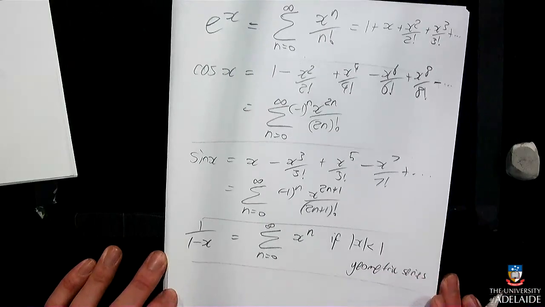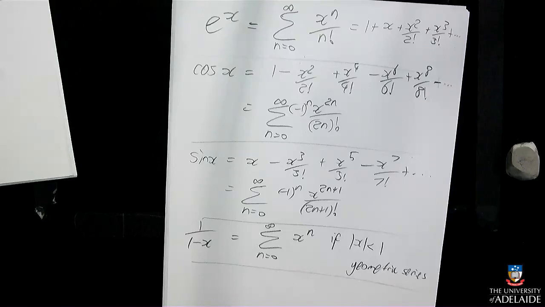And there is one more that they teach you in Maths 1B, which is mildly puzzling. It's called the binomial series.